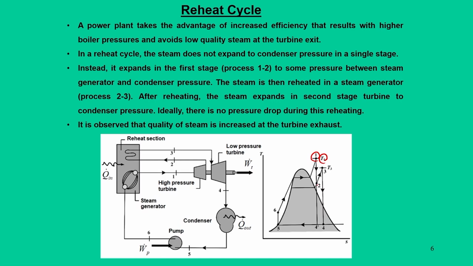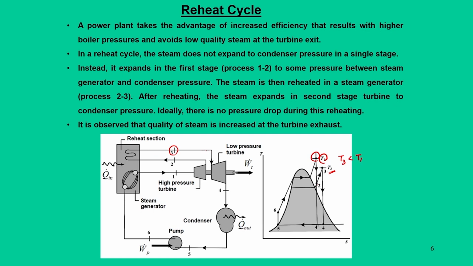At point 2, the steam is reheated again. So, instead of expanding further, it is reheated, and it goes to state 3, and this reheating happens again in the same boiler unit. However, while doing this reheating, we necessarily do not go to state point 1, but somewhere less than that. So, at state point 3, T3 is less than T1.